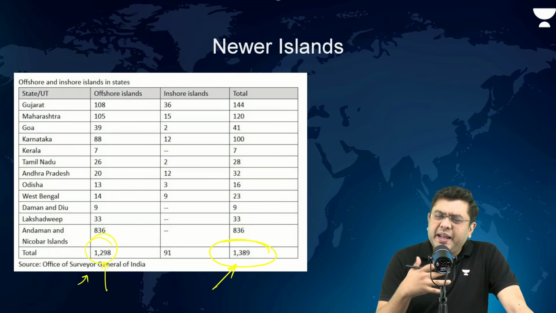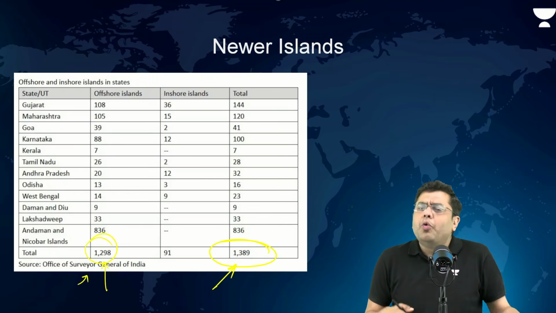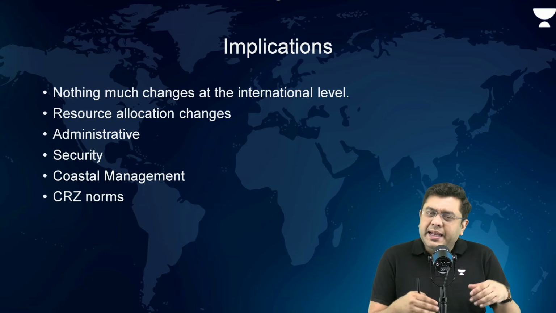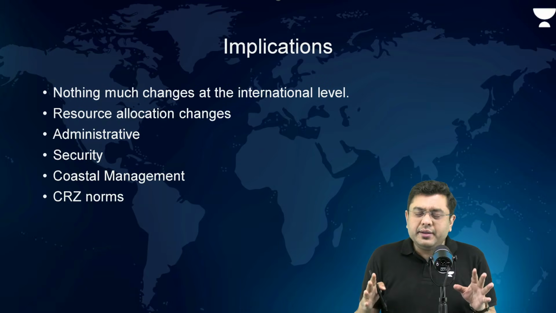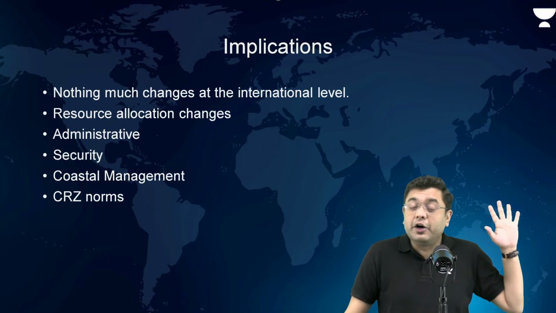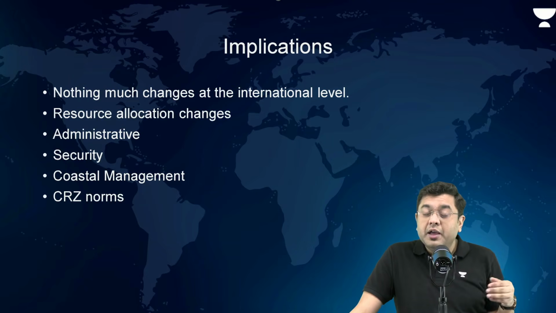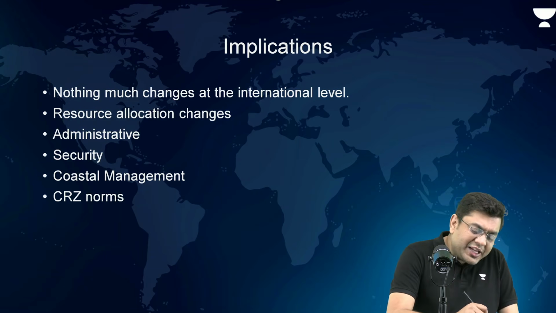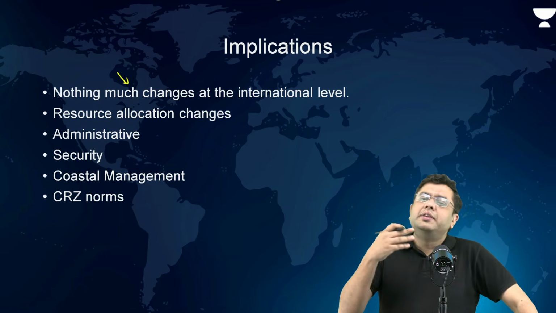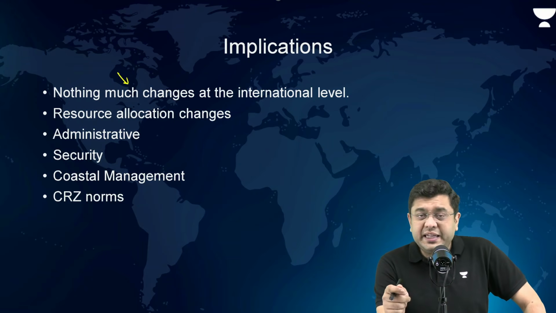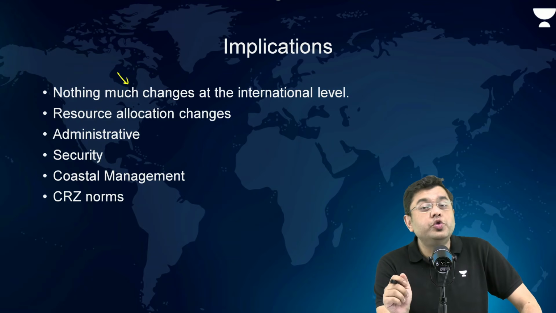Now, what are the implications of this study? Why should we be concerned about it, first of all? Will there be any impact in the international order that India has got an 11,000-kilometer coastline? Earlier, it had only 7,500 kilometers, so do we need to give more importance to India? No. Internationally, when it comes to the extent of your territorial waters and the extent of the EEZ, there will be no change.